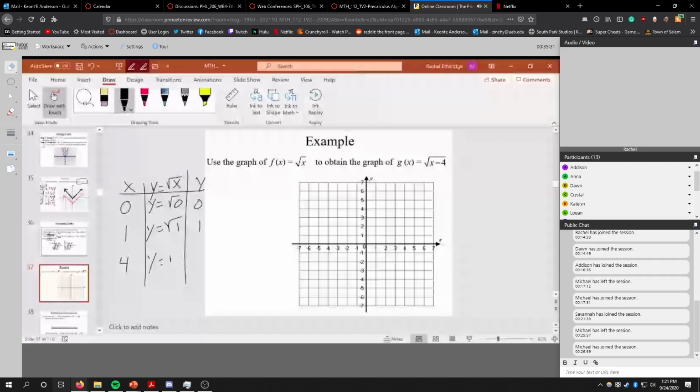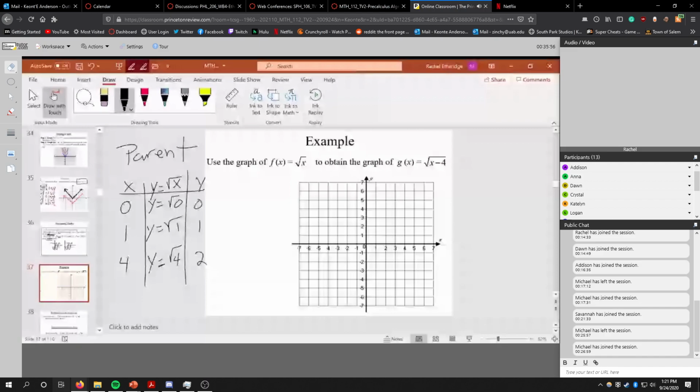You can see why I skipped 2 and 3, right? Because the square roots of 2 and 3 are radicals, irrational. I would have to approximate that, and I don't want to approximate. I want to put exact points on. So this is my parent, because it's a square root function. My parent graph is y equals square root of x.